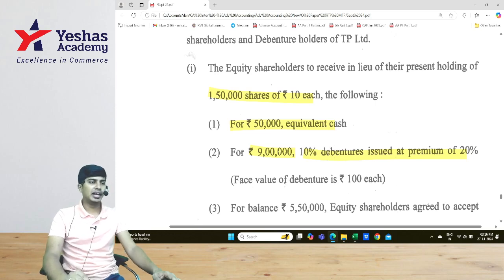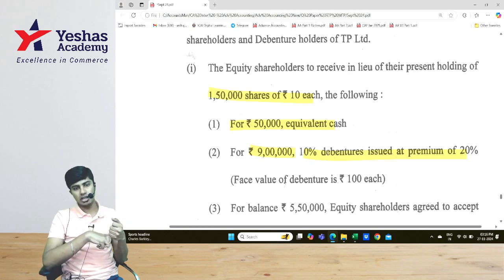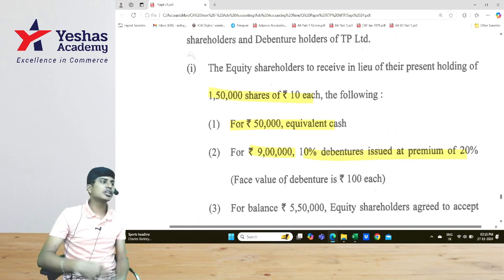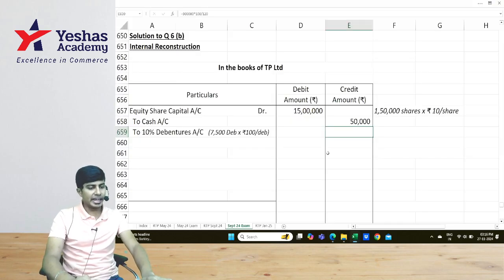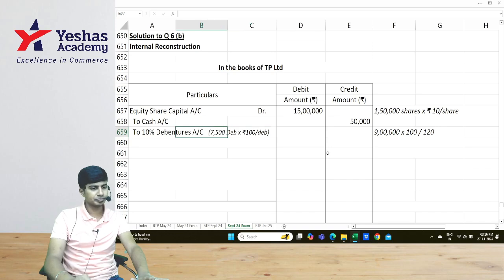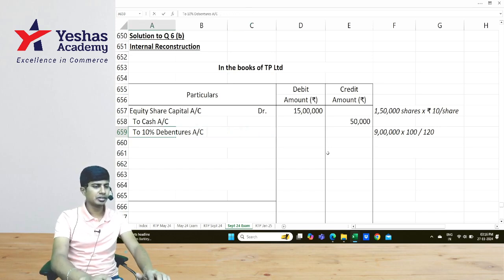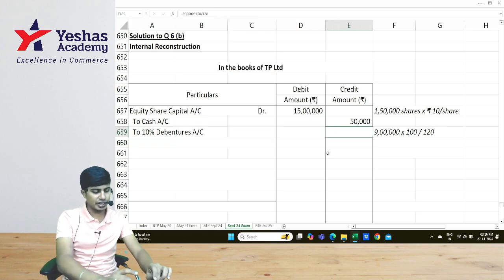Nominal value is 100, premium 20, issue price 120. If each debenture is 120, the total value is 9 lakh. So you do 9 lakh divided by 120, into 100. We get 7,50,000 rupees.